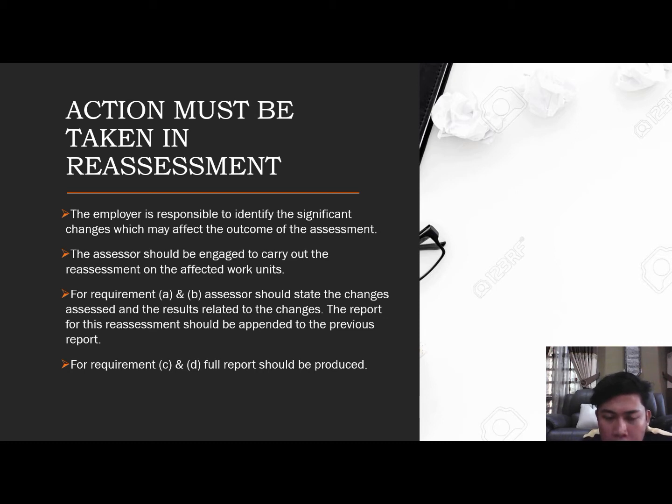For requirements A and B, in the conditions of the reassessment, the assessor should state the change assessed and the result related to the change. The report for the reassessment should be appended to the previous report.